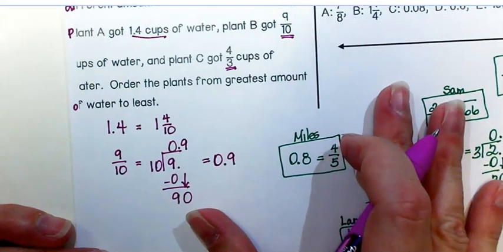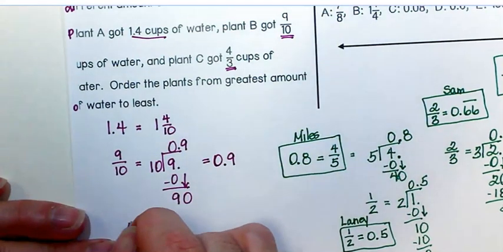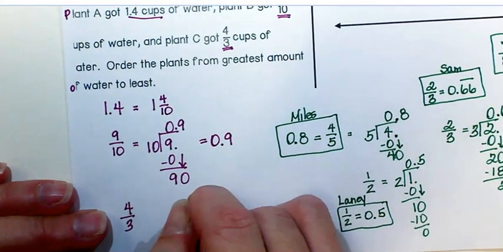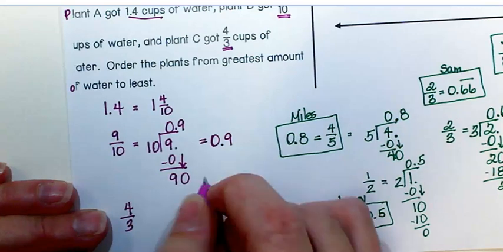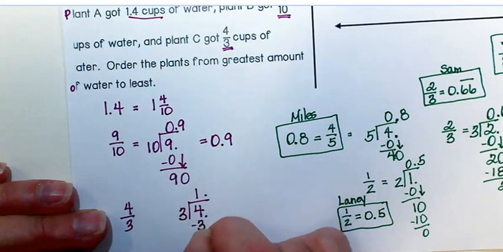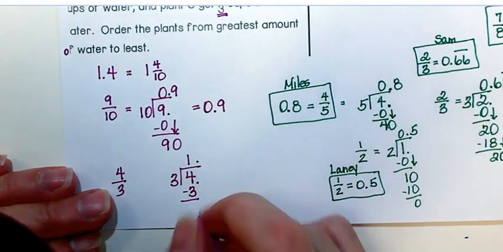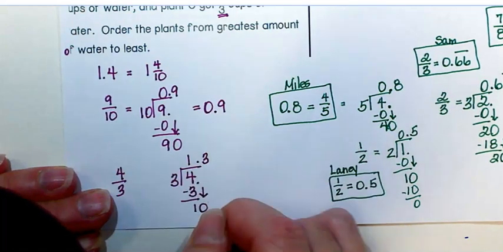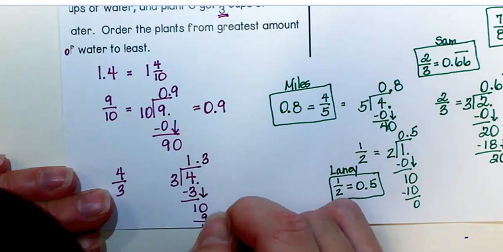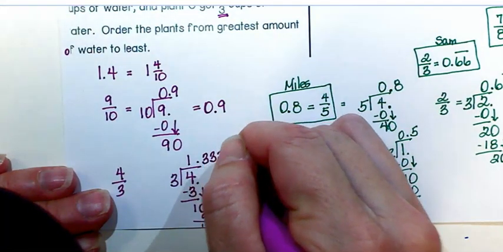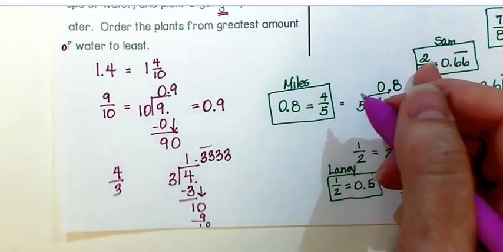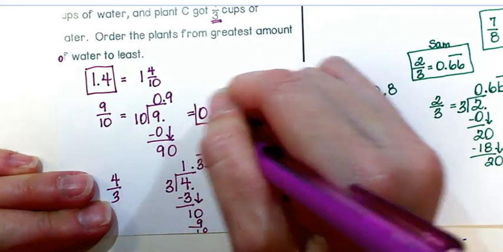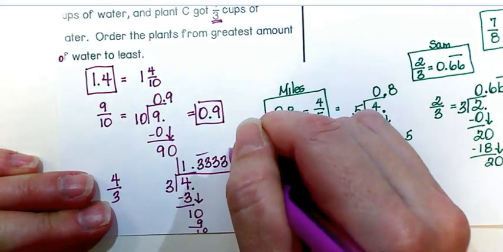And then plant C got 4/3. 4 divided by 3. 3 will go into 4 one time. Bring down a 0. 3 will go into 10 3 times. 3 times 3 is 9. I'm going to get a 1 and a 0, and it's going to keep repeating a 3 forever. So we have 1.4, 0.9, and 1.3 repeating.